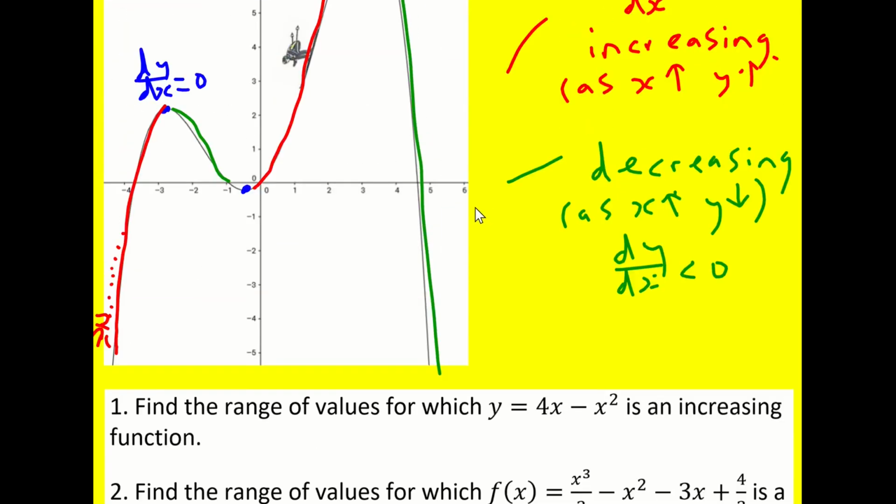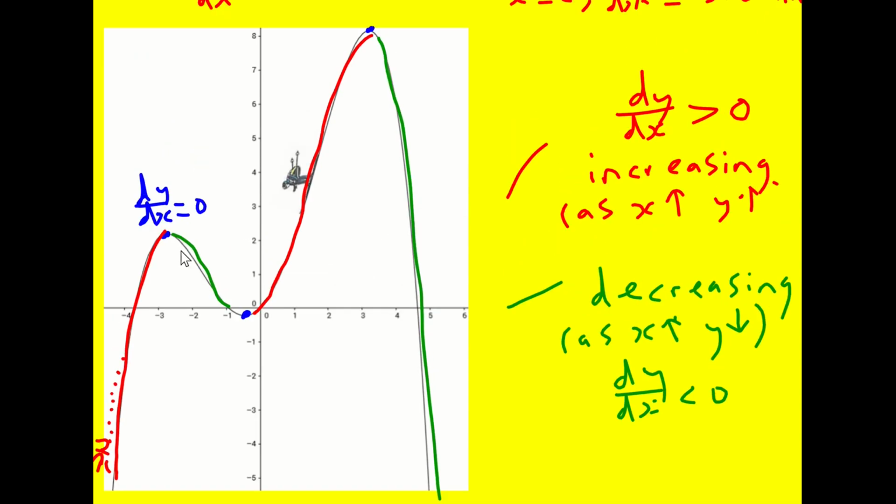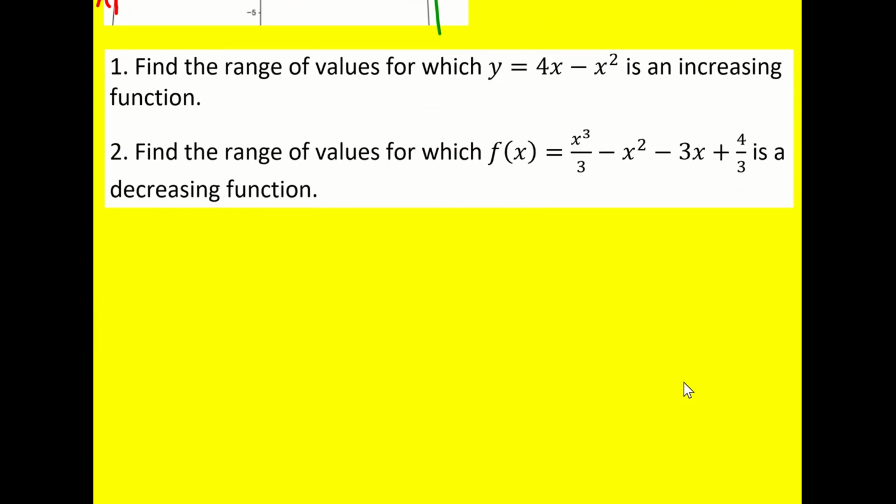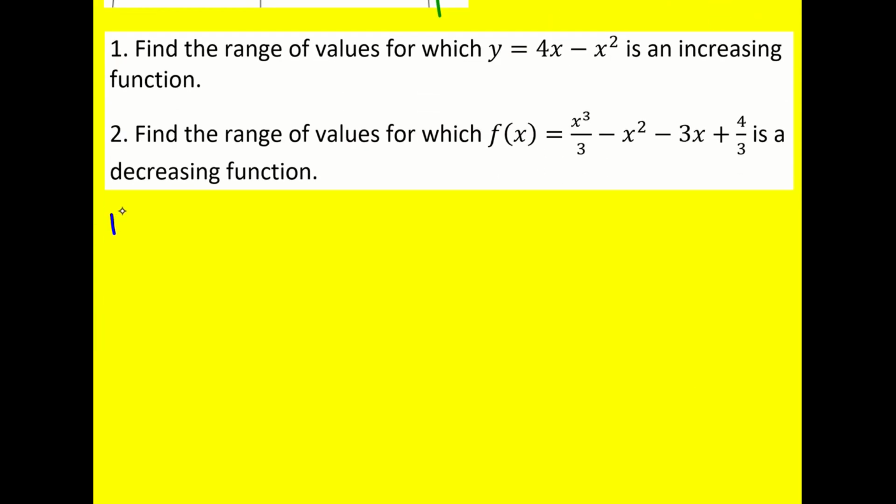So just to recap, here's the graph. We've got stationary points, we've got when the function's increasing, and we've got when the function's decreasing. So what we need to do in both cases is work out dy by dx. Let's look at the first one. dy by dx is equal to 4 minus 2x, and then that's going to be greater than 0 for increasing.